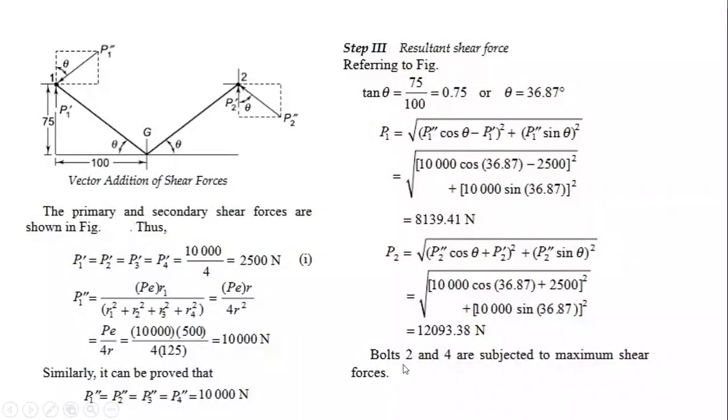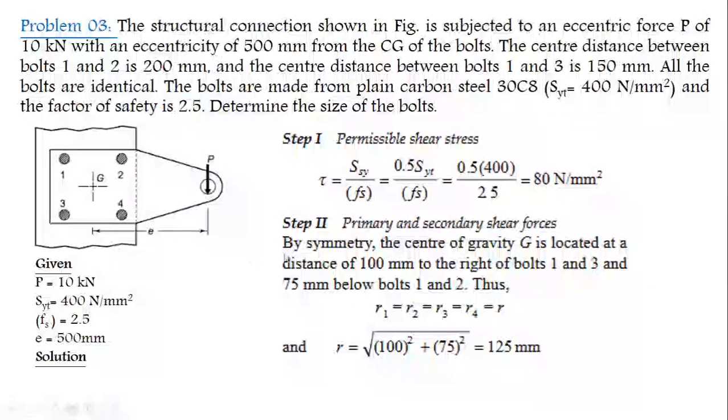As we know, bolts 2 and 4 are subjected to the maximum shear stress. Bolt 1 compared with bolt 2 is minimum. In simple concept, the bolt that is nearer to the acting load will get the maximum shear force.